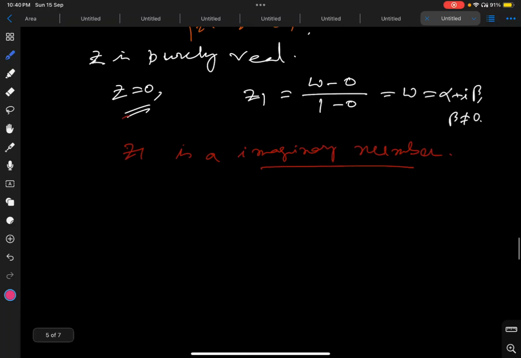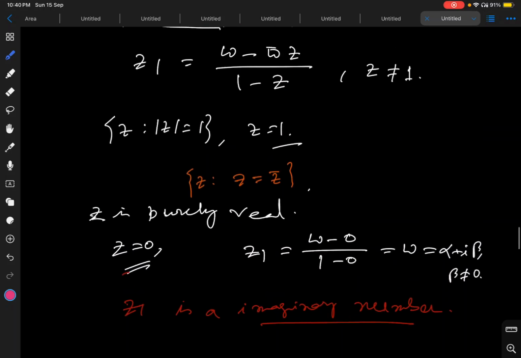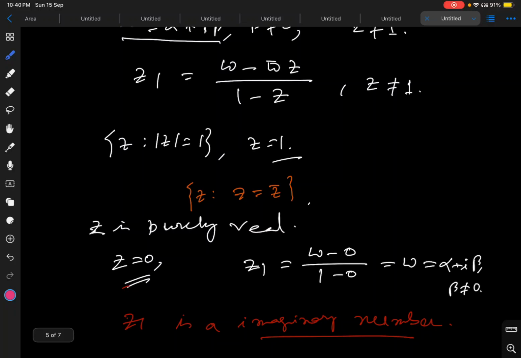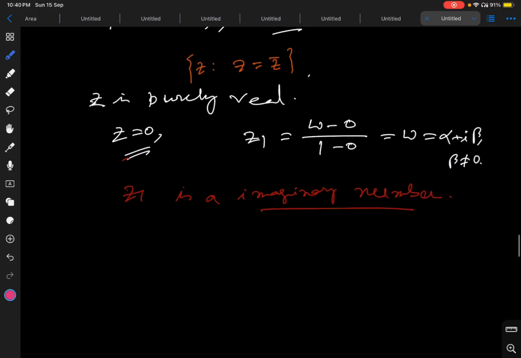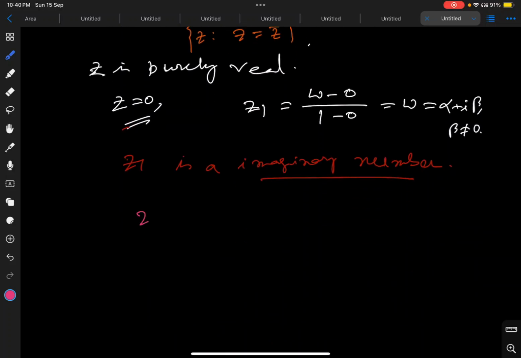Students, look, it is given that this complex number, which we have called z1, is purely real. So since it is given in the statement that z1 is purely real, we can say z1 is equal to z1 bar.